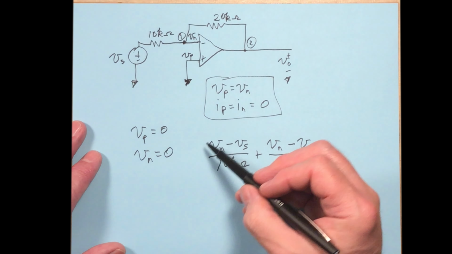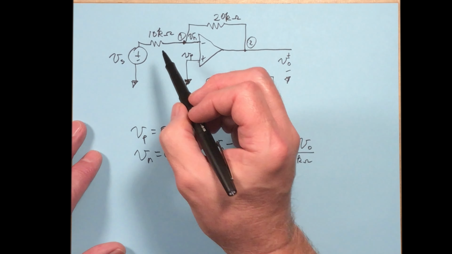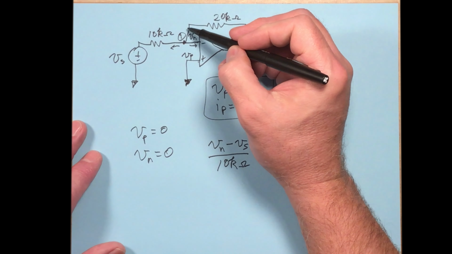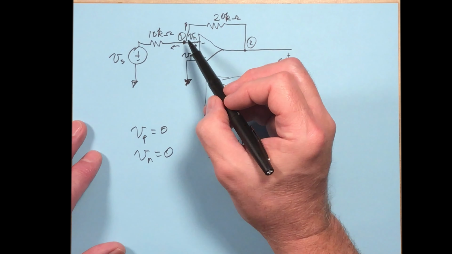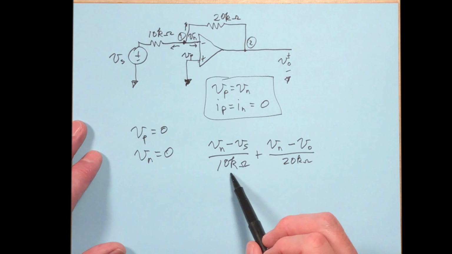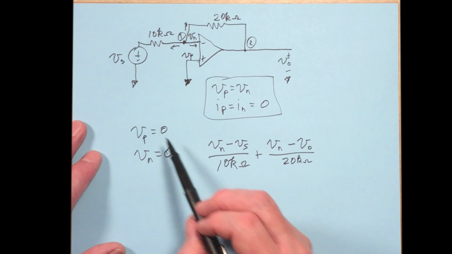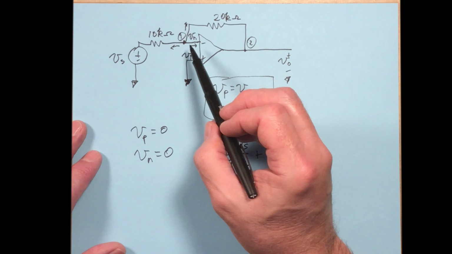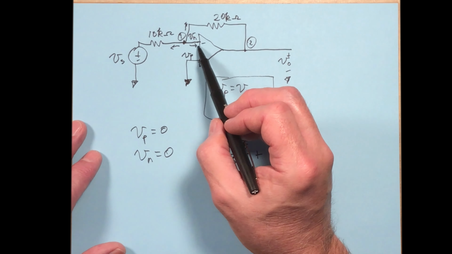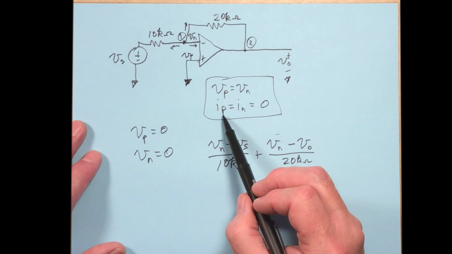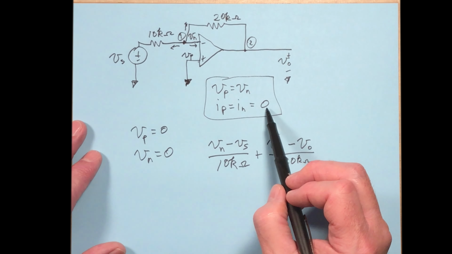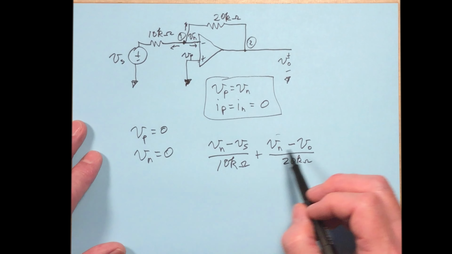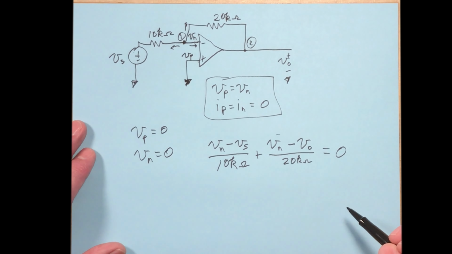Remember, the whole idea of applying the node voltage method is you assume the currents are leaving the nodes. So this term here is the left current. This term here is the one going over the top. But what about this current going in? Well, that's VN, and it's equal to 0. So we don't worry about it. Therefore, these are the only two terms, and it's equal to 0.